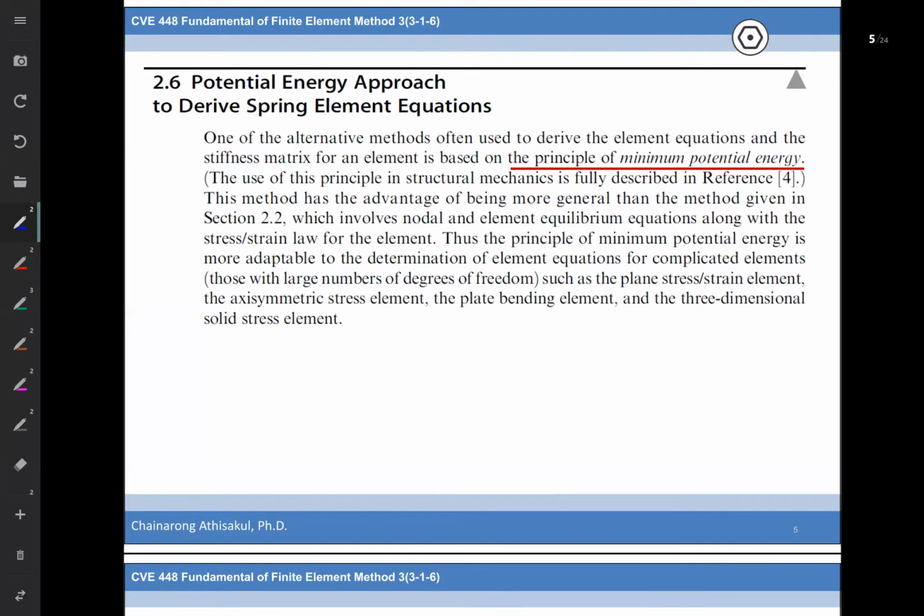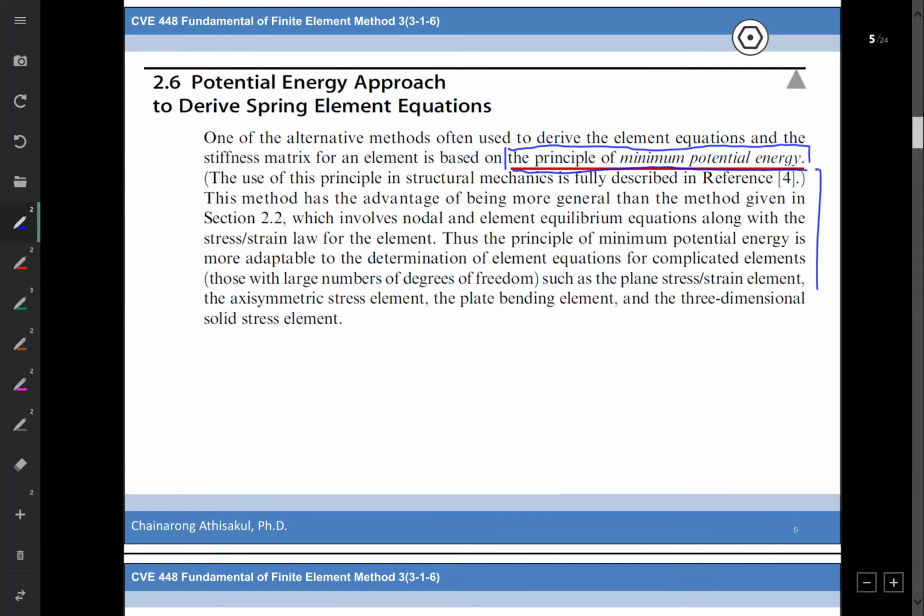For this case, after this, we will apply this principle, that is the principle of minimum potential energy. Actually this principle is limited to conservative systems only.